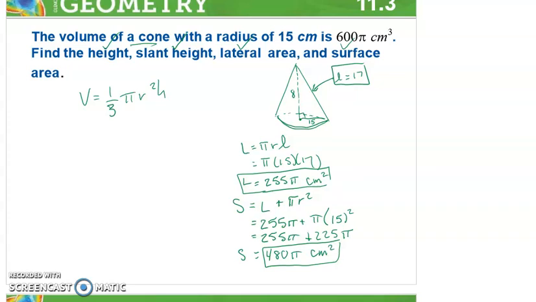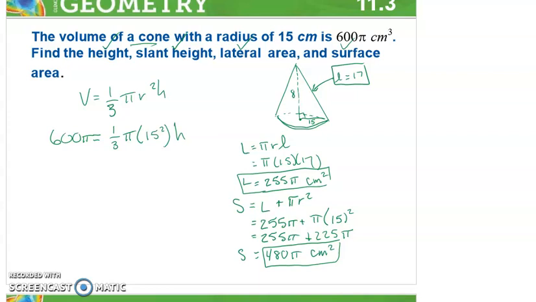So for this one, to get the volume of the cone, you need to know the radius, which is 15. So 1/3 pi times the radius squared times the height. And the height is the thing we don't know, but we do know the volume is 600 pi.